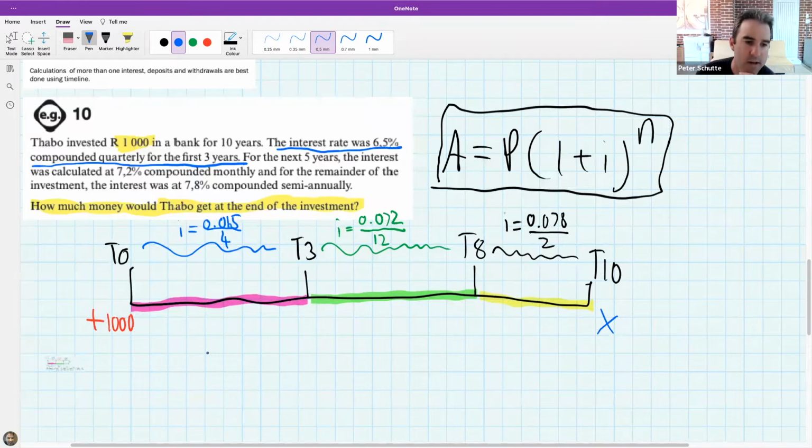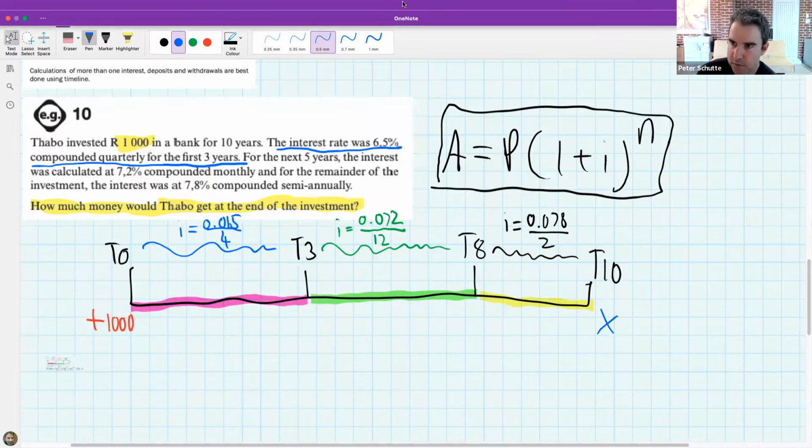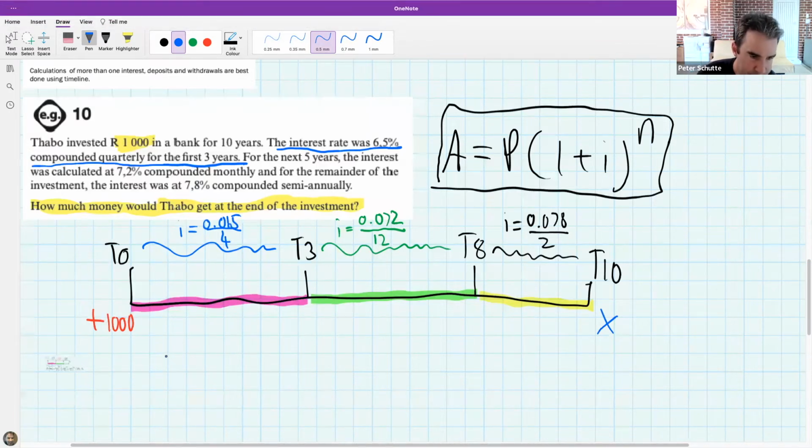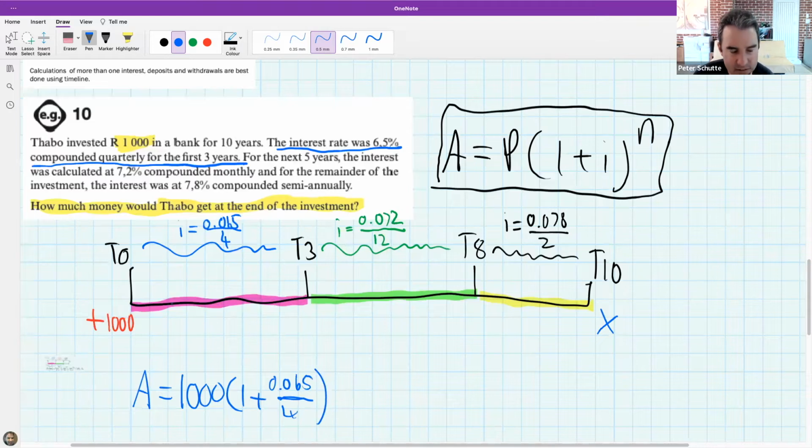Okay, so this is what we do. This first one, I'm going to do it mainly, and then you're going to do the next one. I take this formula and I start with 1,000, and to grow through the pink bit, that was my interest rate. But now the problem I have is this is 3 years and it's broken up into quarters.